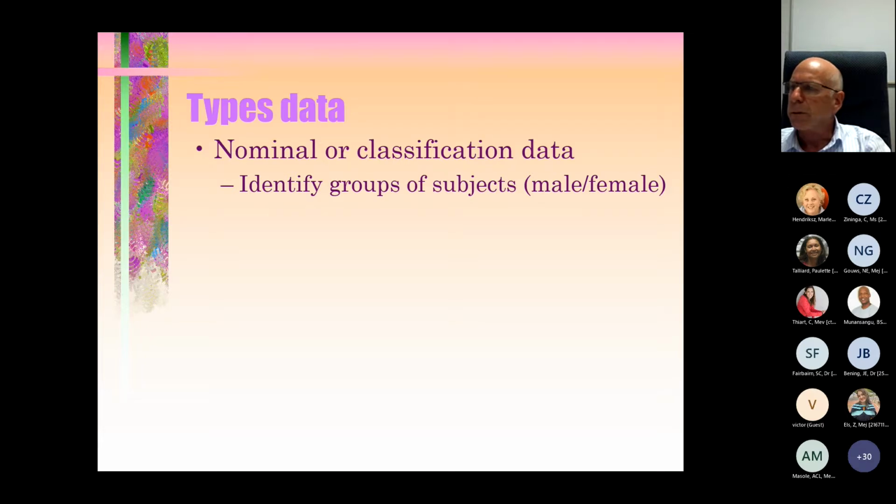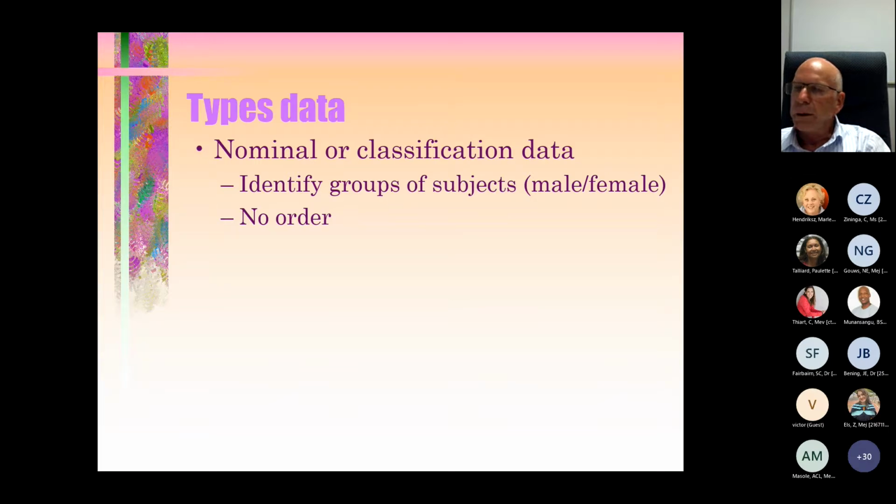The main characteristic of this kind of data is that there is no order in the outcome levels. Between males and females, it's not a case of the males coming first and the females coming second. There's no order at all, and that obviously plays a role in how one would statistically analyze such data.